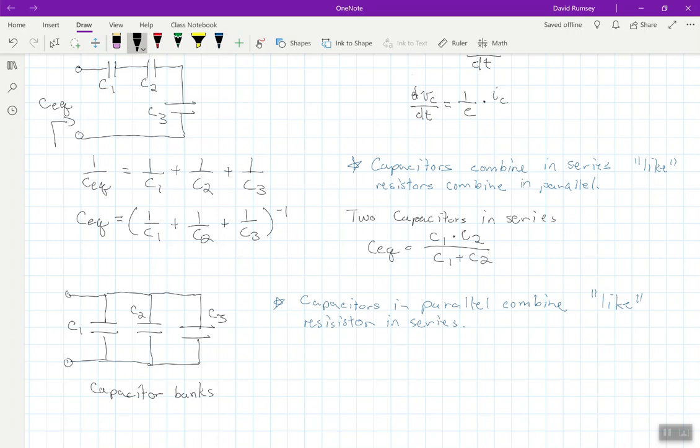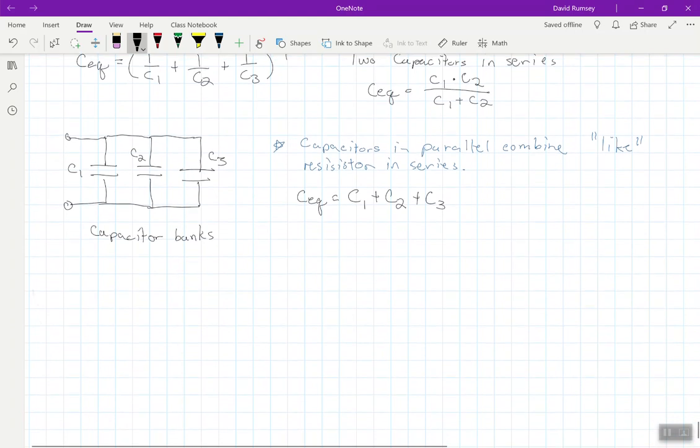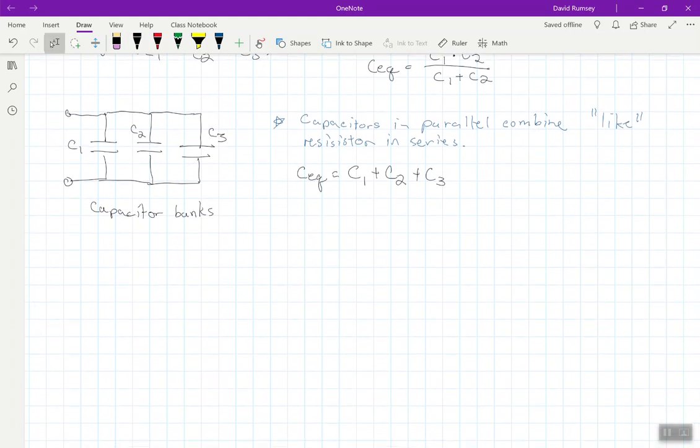And so what we'd have here is, of course, that my equivalent capacitance is simply C1 plus C2 plus C3. So it's easy to get these mixed up or flipped, but it's important to remember that capacitors combine in parallel by just simply adding the capacitances up. And this is actually a useful trick to use sometimes.